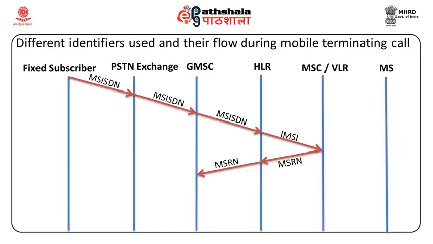Looking at the MSRN number, the GMSC finds where the mobile phone currently is. And as we said, for security purposes, the IMSI number is not used, instead the TMSI number is used. So, a TMSI number is assigned to the mobile phone since it is in the foreign network. So, this is the flow of identifiers from one entity to another entity during the mobile terminating call.